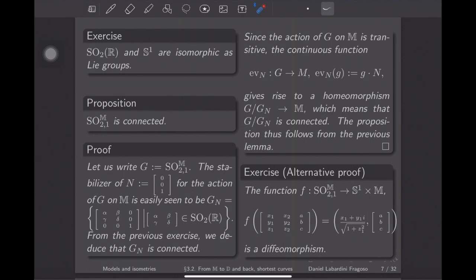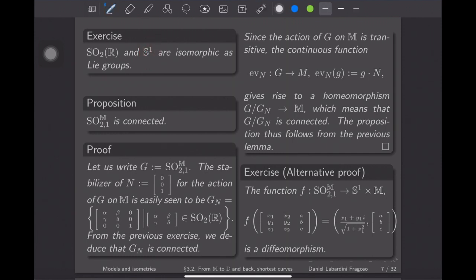So the stabilizer is this, which is essentially just SO(2)R. It's essentially SO(2)R, but you see, SO(2)R is really the circle in disguise.